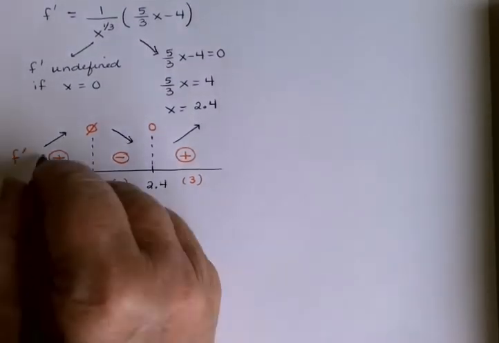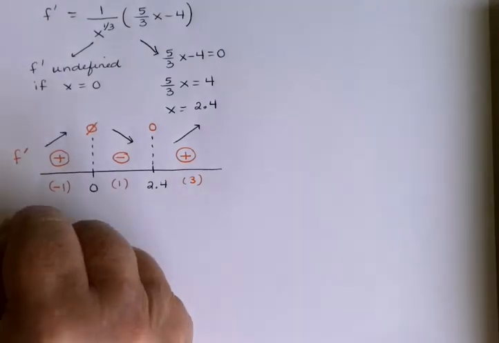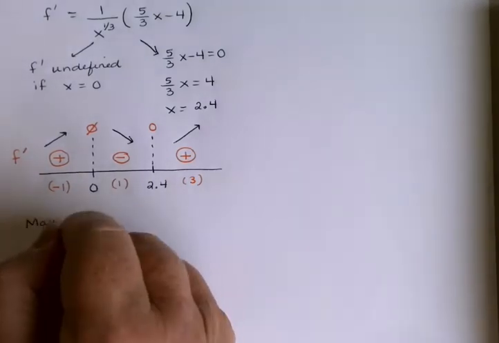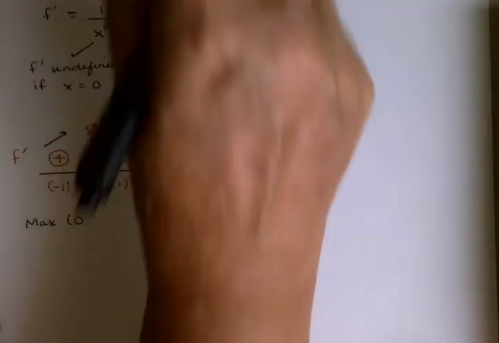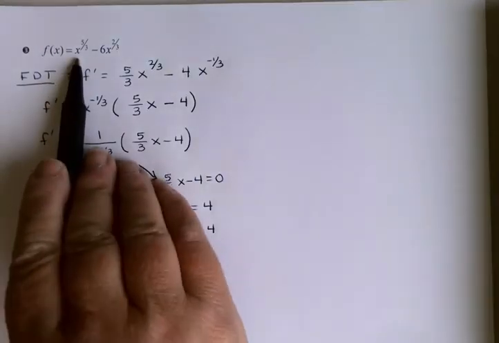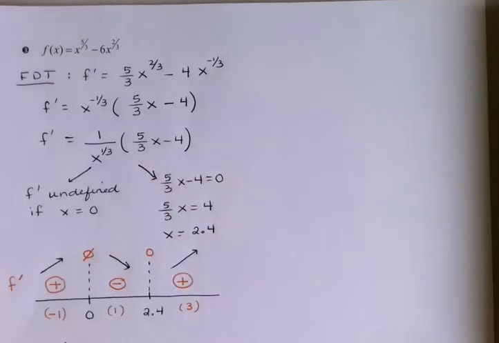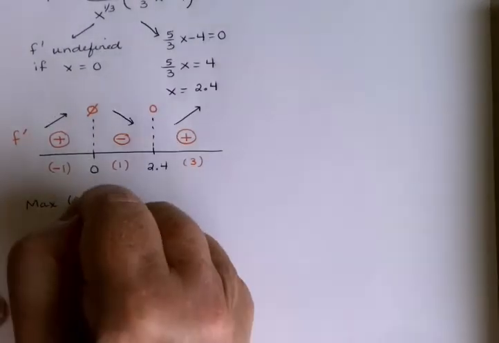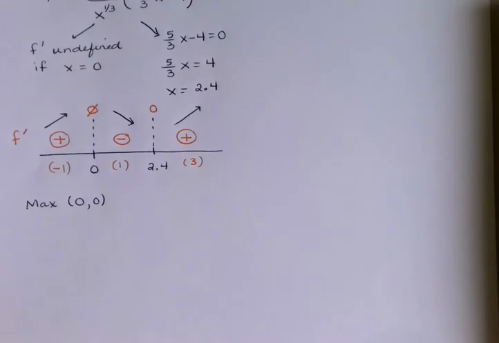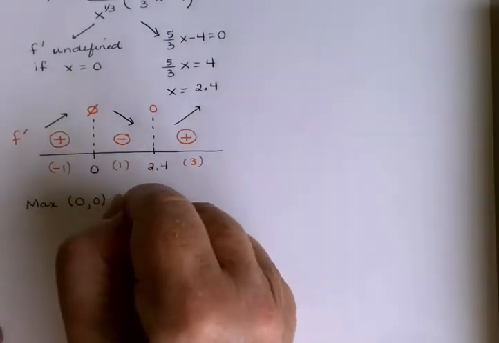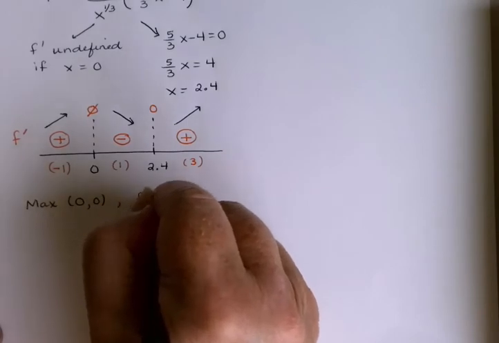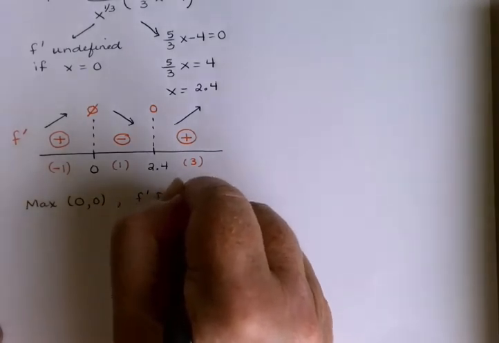Meaning that I really do have a maximum here at x equals 0. By the way, this is a fairly simple one. Notice if you go back and plug 0 into the original, you're just going to have 0 minus 0, so 0 for a y value. And I'm also going to mention f prime does not exist here.